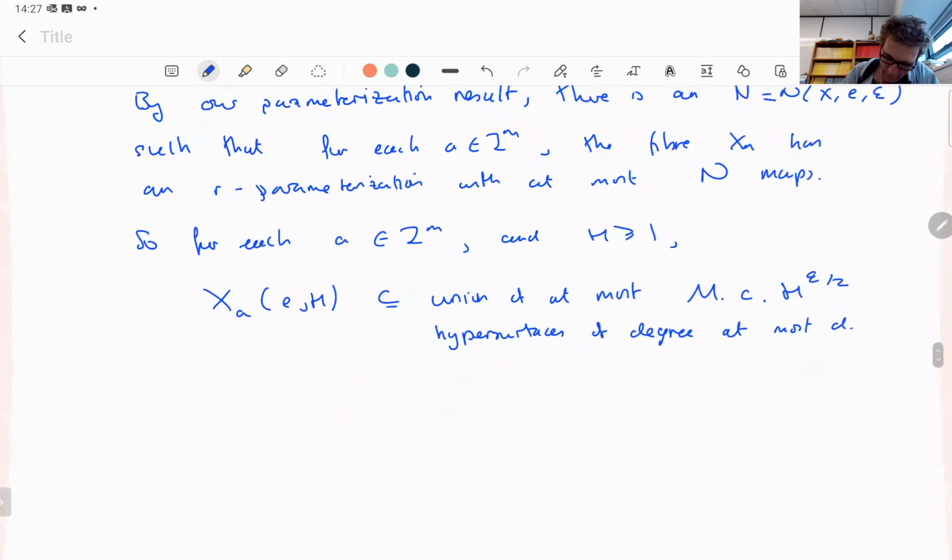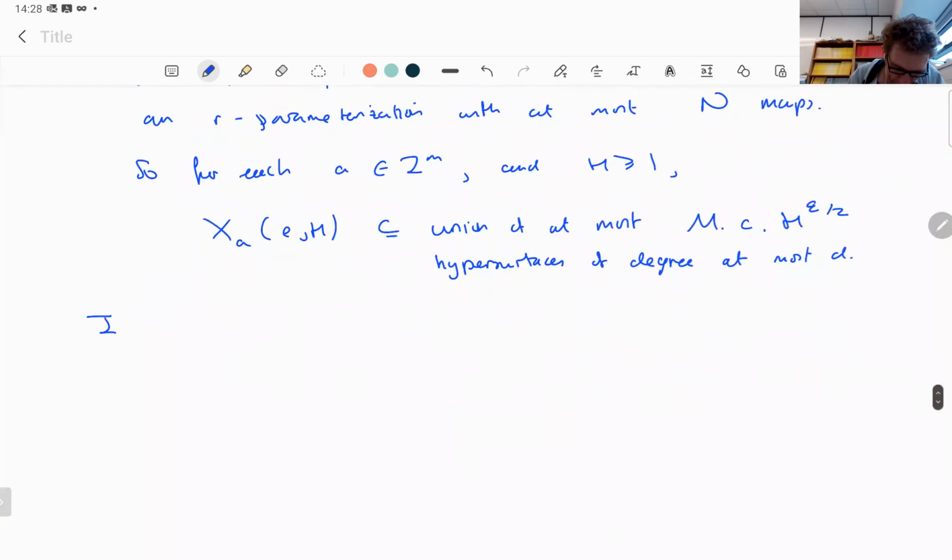So then given this, it suffices to show that there is a C. Yeah, C is going to differ each time. Hopefully that's not a problem.